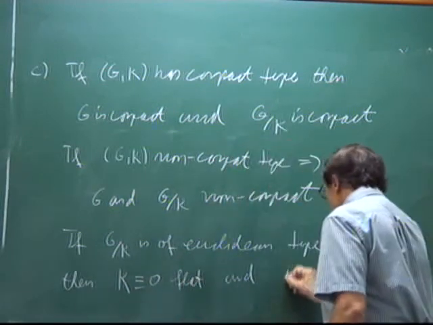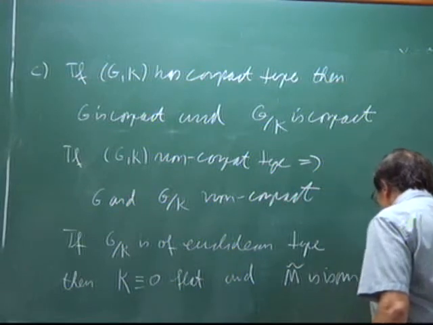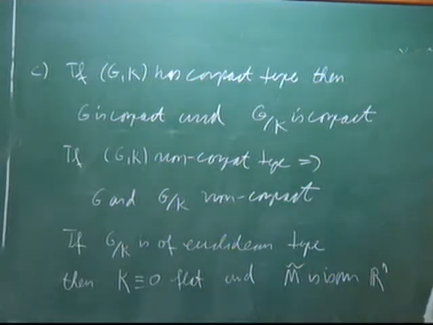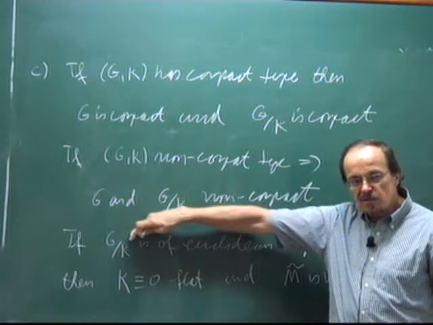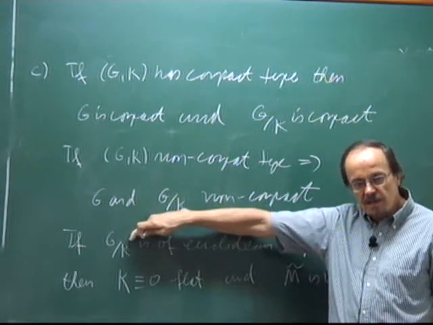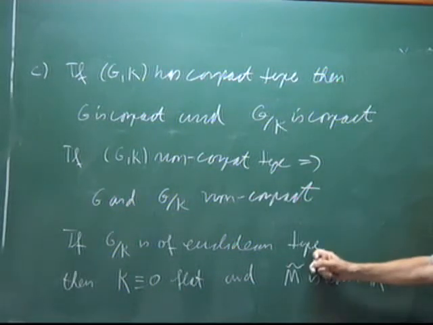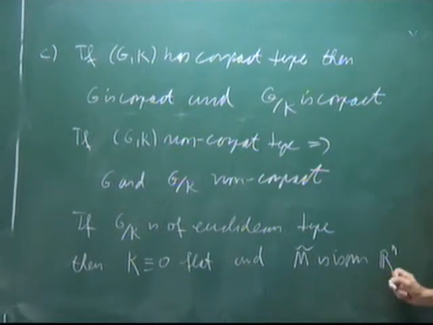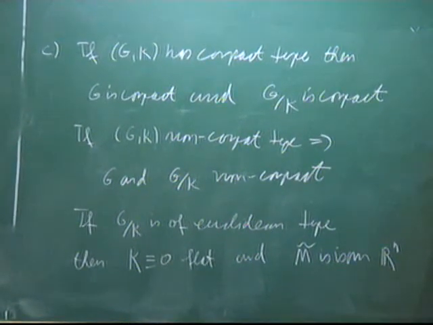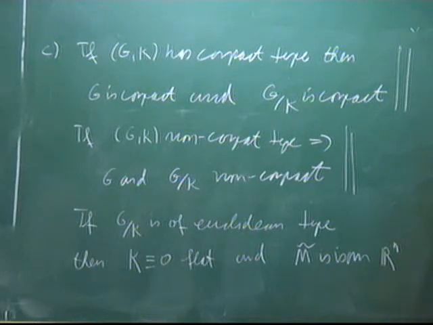Which means that M tilde is isometric to R^n. So if G mod K is of Euclidean type, it's a manifold which is flat, so its universal cover is flat and simply connected, and then by classification that must be isometric to R^n. So Euclidean type just means a quotient of R^n. Okay. So these are the uninteresting types, the ones which are flat. So therefore, compact type and non-compact type are the interesting ones, and those you want to study.